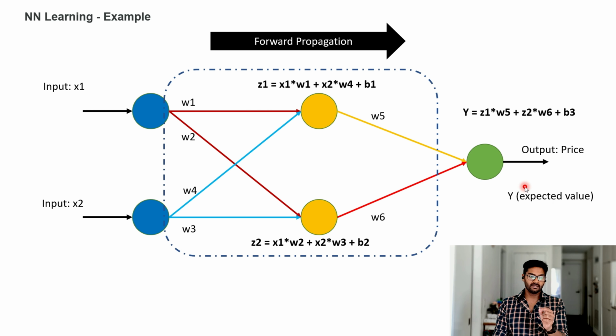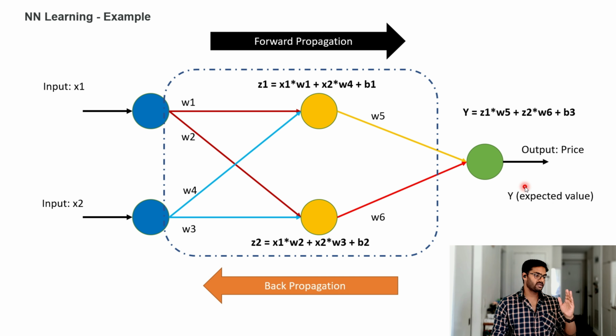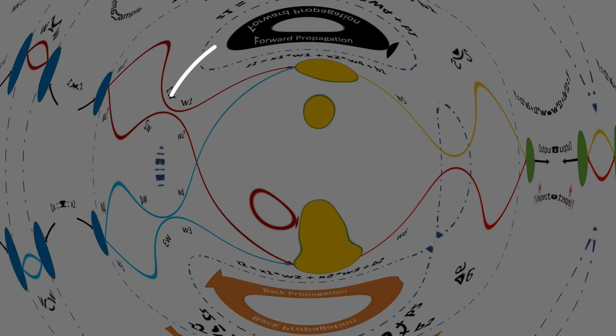Then we use that error and do a backpropagation on the network. Using that error, we tell the network, hey, you being a bad AI, you need to adjust your weights, W1, W3, W4, W5, W6, so that when we do a forward propagation, the error should be as small as possible. So your job is to adjust all the weights so that the output is as close as possible to the expected value.